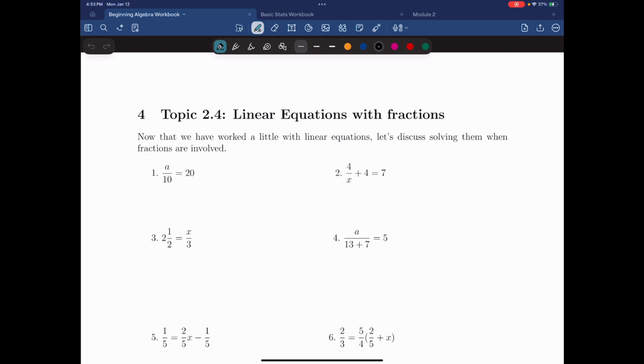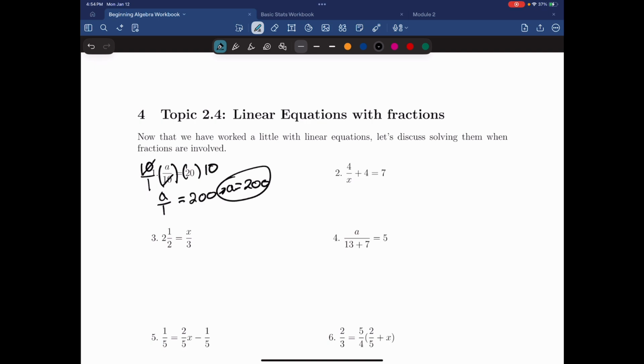Since a is being divided by 10, in order to get a on its own, we're simply going to multiply 10 to both sides of this equation, because if we write 10 as a fraction, we can write it as 10 over 1, and these 10s cancel out, and we just get a over 1 equals 20 times 10 equals 200. And a divided by 1, well, that's just a. So we just get a equals 200.